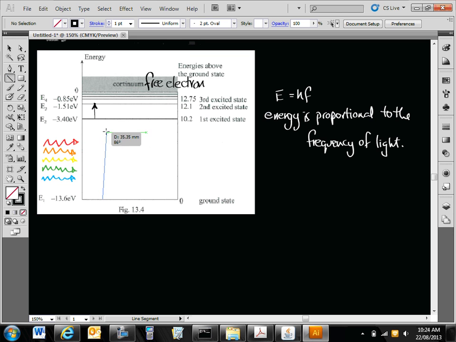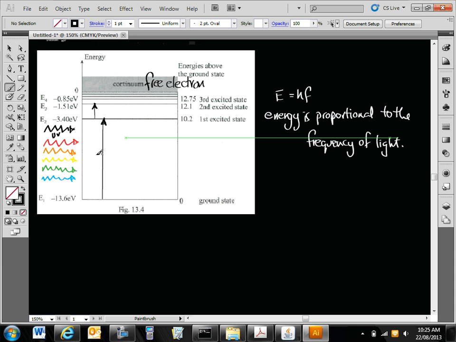This jump here has to be a UV ray photon. And I can't draw a UV ray photon, not in the format that I'm drawing here. Okay, let's say that's a UV ray photon coming in. Now, UV could cause this energy jump if it has this very specific energy.